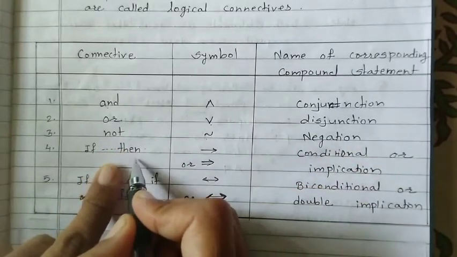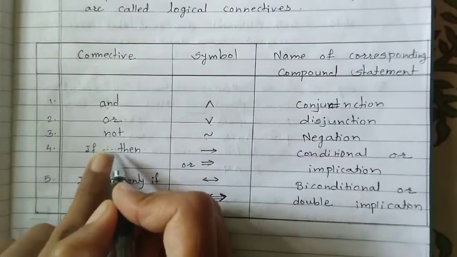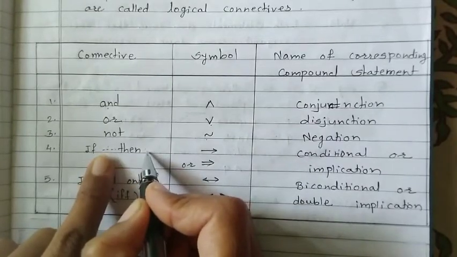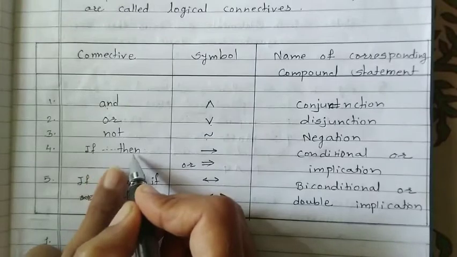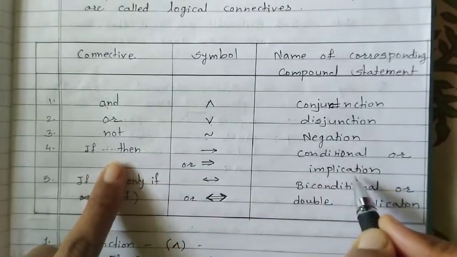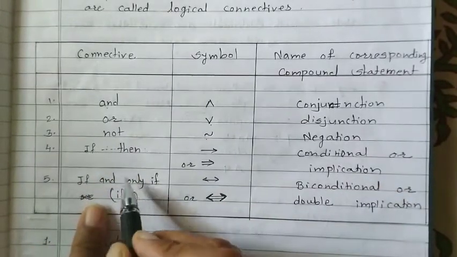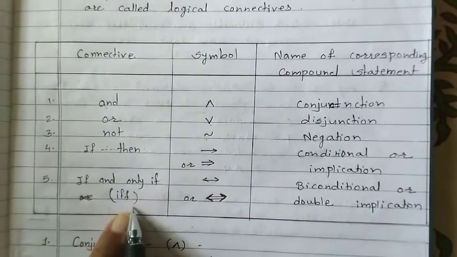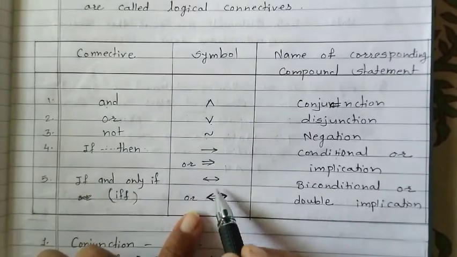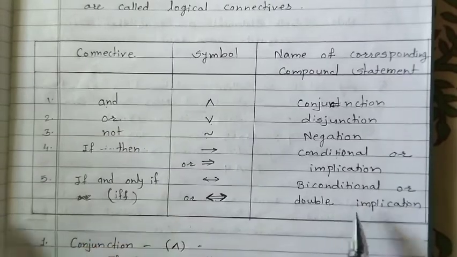Fourth, if then. Here statement P lies between if and then and statement Q after then. So if then is a connective whose symbol is like this, and which is called conditional or implication. And last, if and only if, which is also written as IFF, whose symbol is like this, and which is called biconditional or double implication.